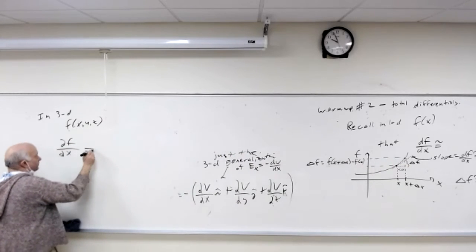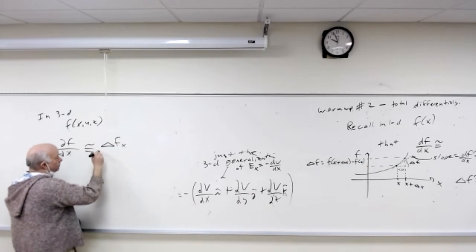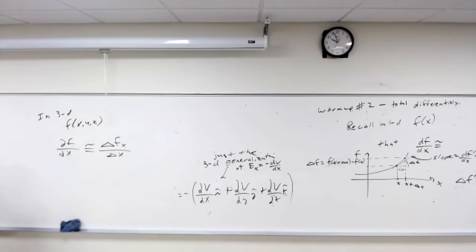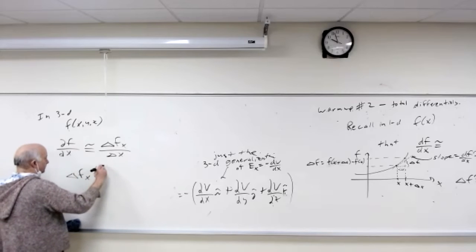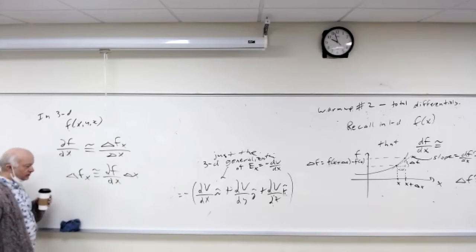I can say this is approximately equal to the change in f if you only change x over the change in x. So your change in f if you only change x is approximately the partial of f with respect to x times delta x.